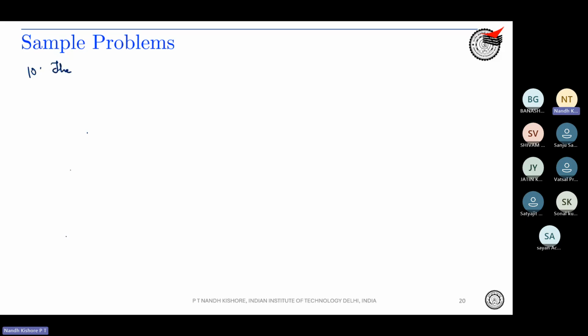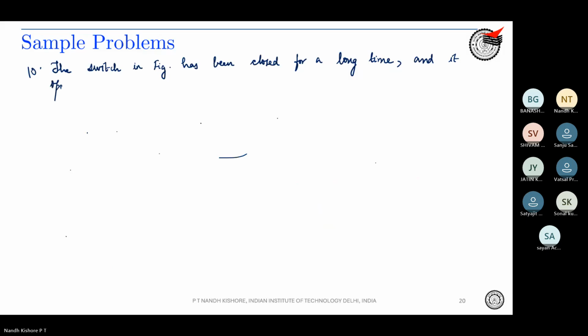Again, a similar kind of question. So the switch in figure has been used for a long time, and it opens at t equal to 0. Find V of t for t more than 0.